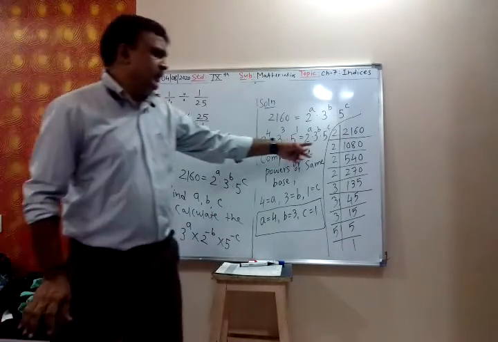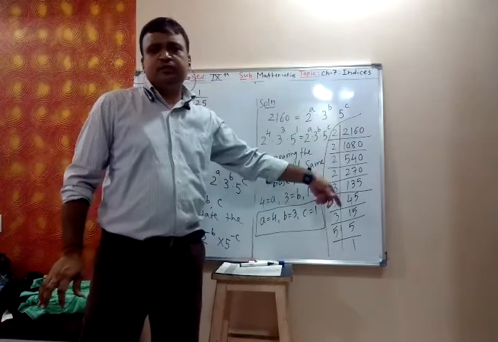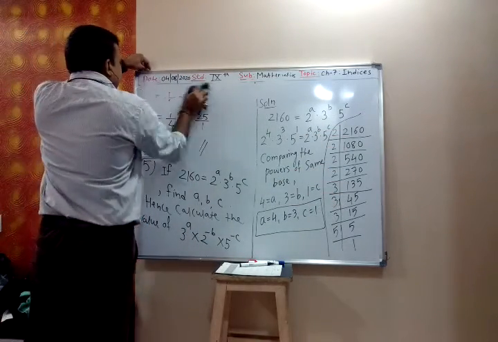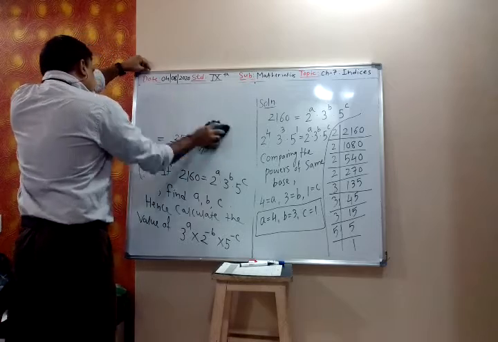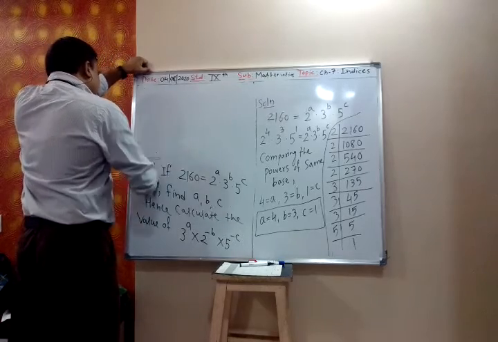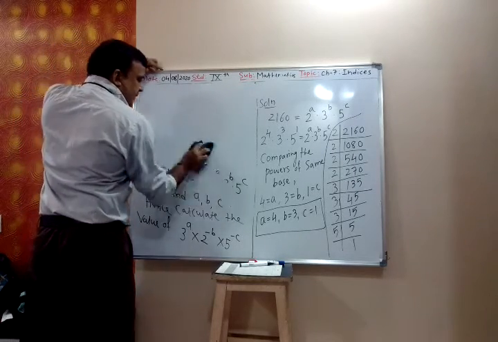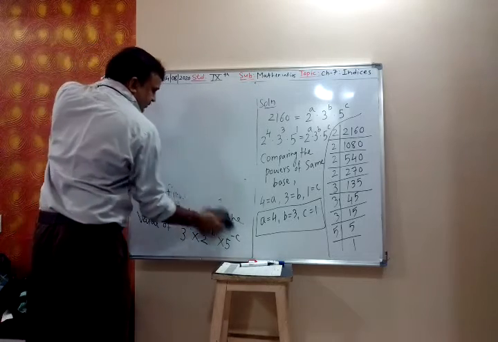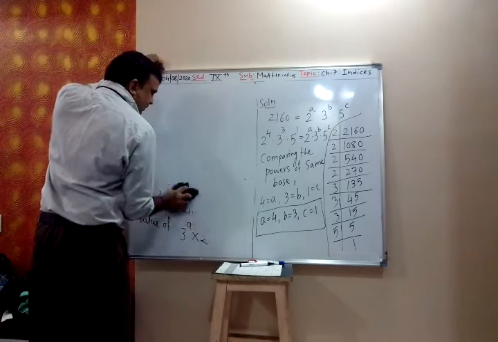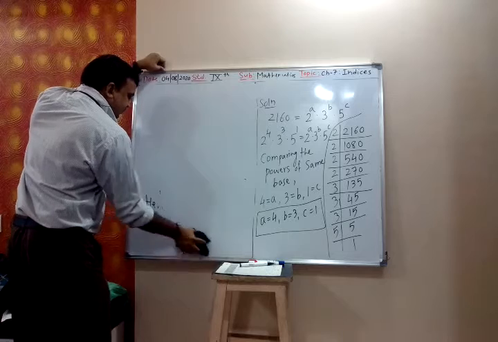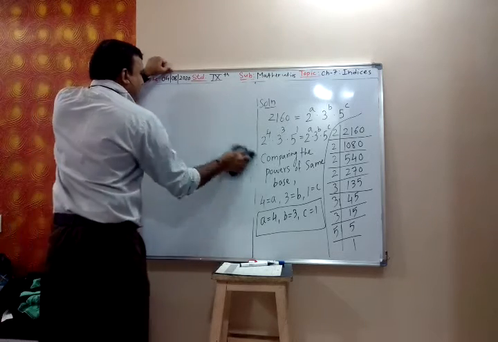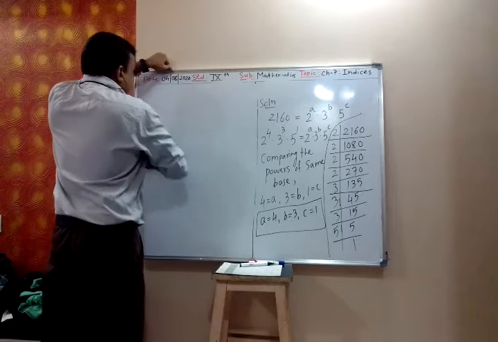But this calculation you have to show, the 2160 factorization you have to show. If you write, then it is well and good, because the examiner should understand what you are going to do, because marks will be given for writing.